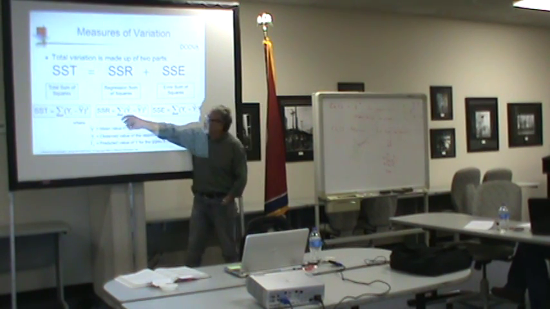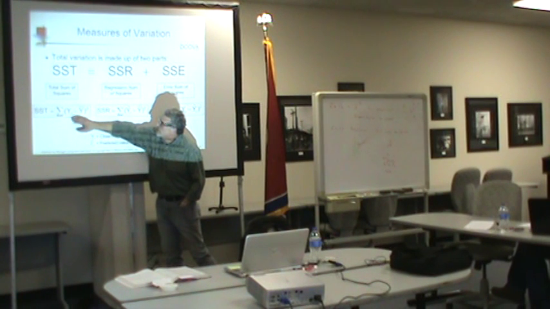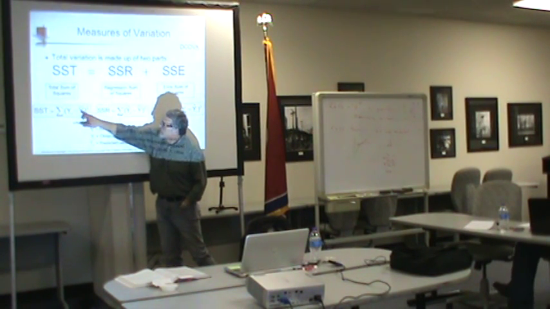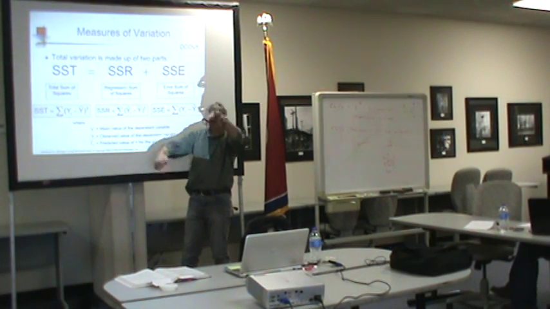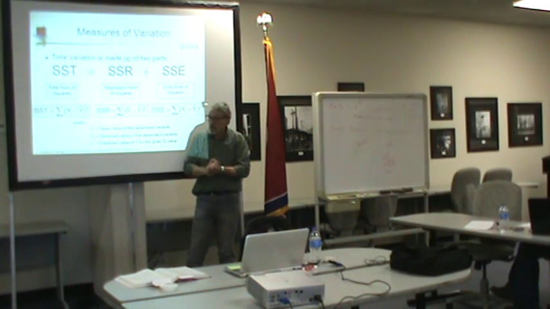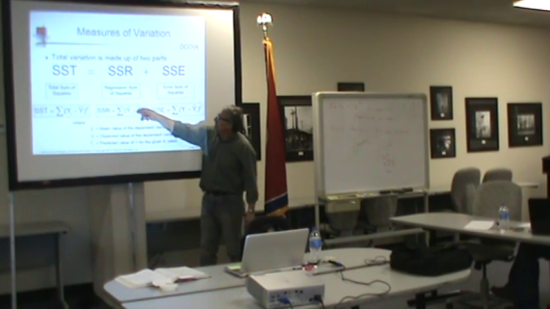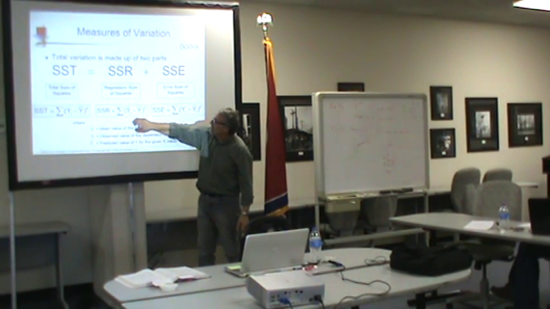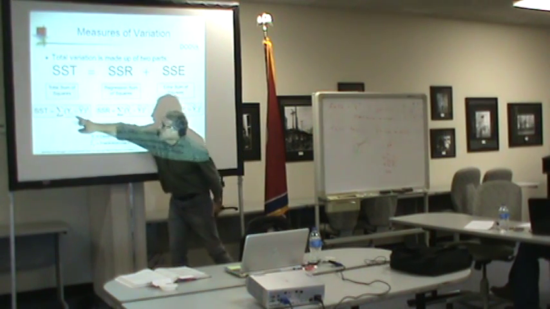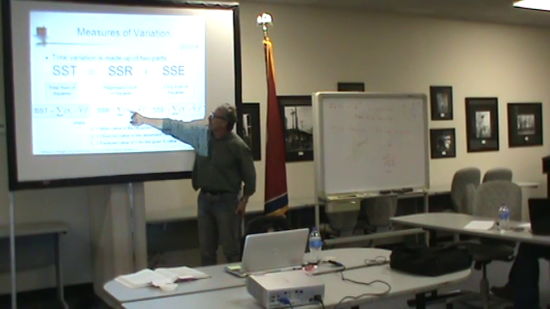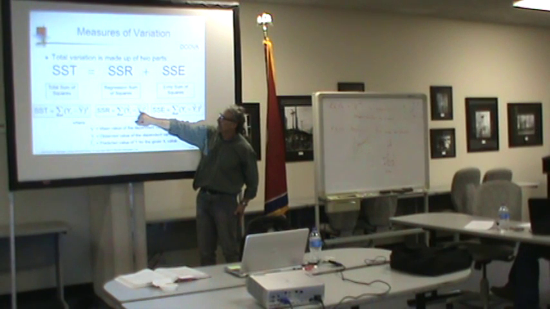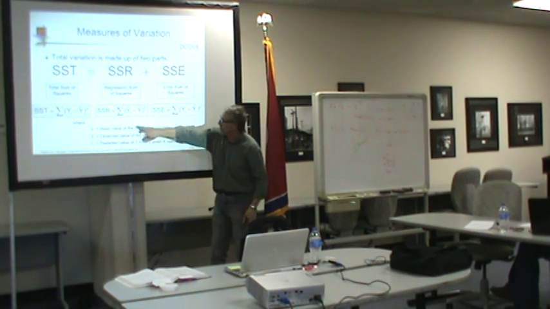So anyway, the total sum of the errors is every data point minus the average, so how far away you are from the average. Remember that was a set of view graphs we had two chapters ago. Then there's the regression error: each predicted point, not the data point but what the line would have predicted, and the difference between it and the average value of all the data points.